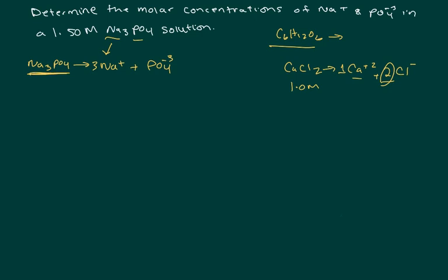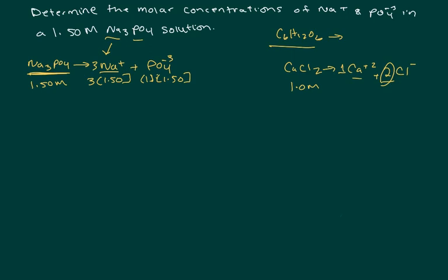That means if I have 1.50 molar of this, then when it breaks up, I should have 3 times that much for the sodium ion and 1 times 1.5 here.